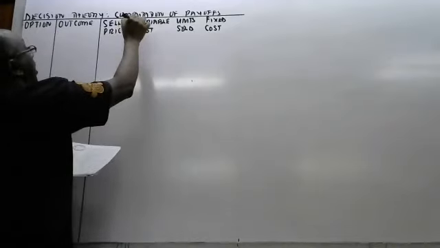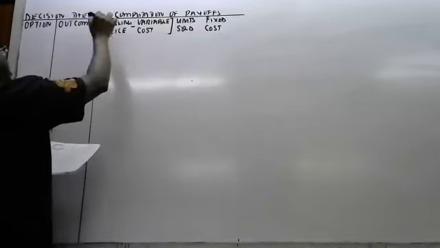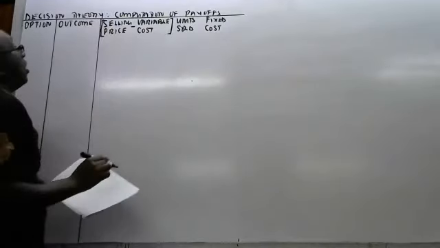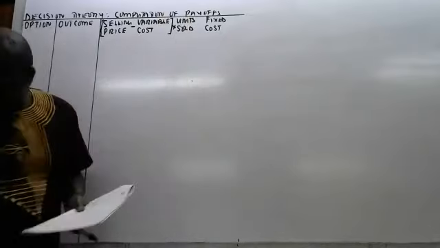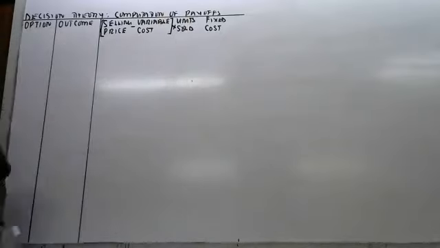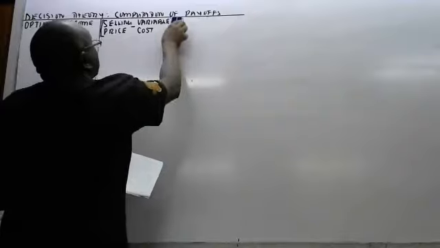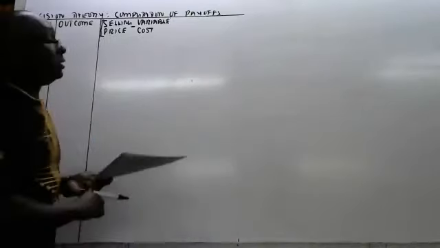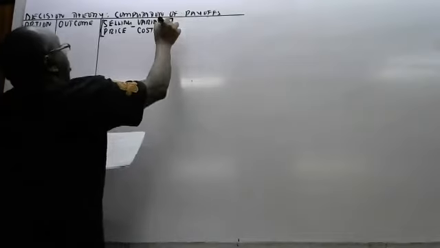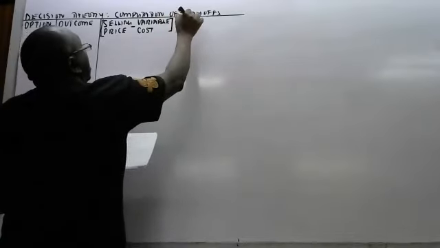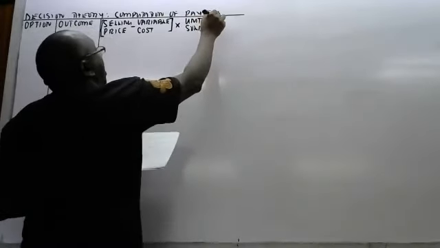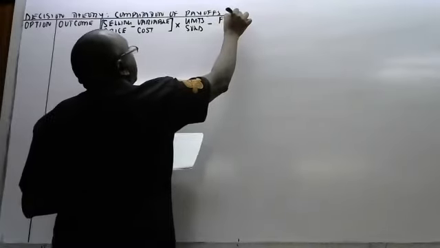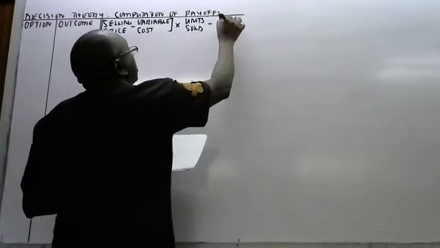So this one I will say selling price minus variable costs times units sold, minus fixed costs.